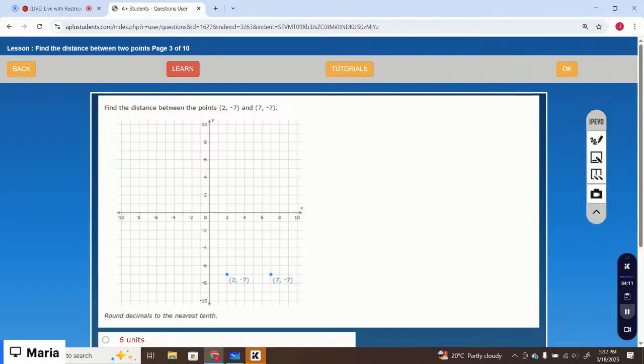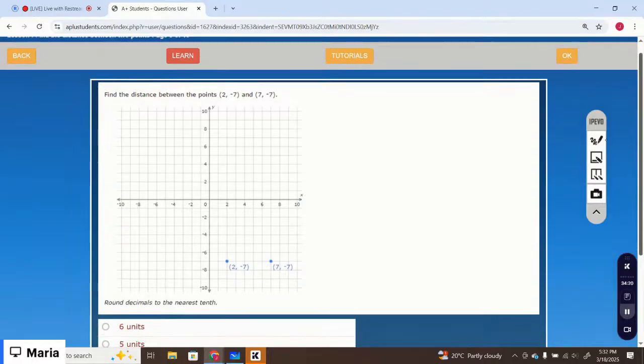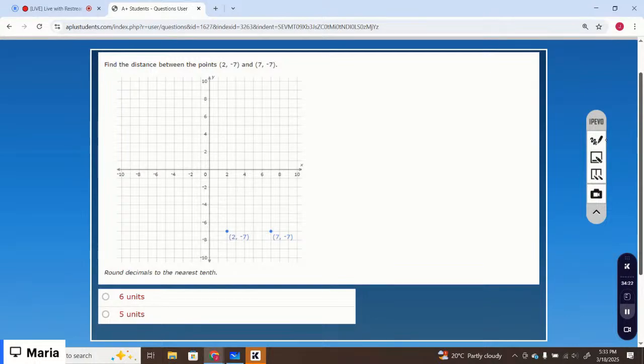Find the distance between the points 2, -7 and 7, -7. That is 5 units. Option number two is the correct option.